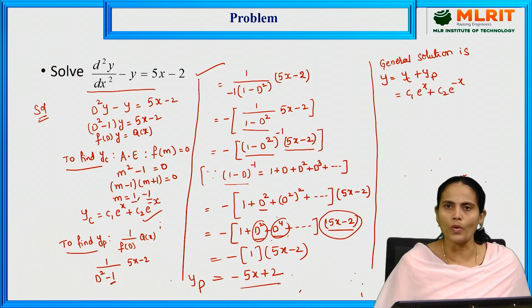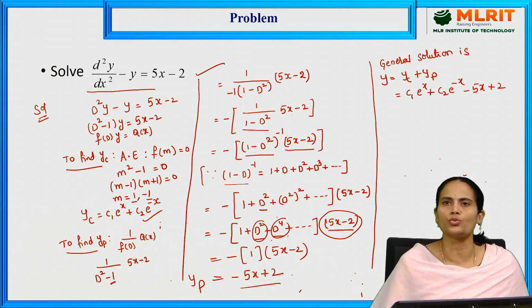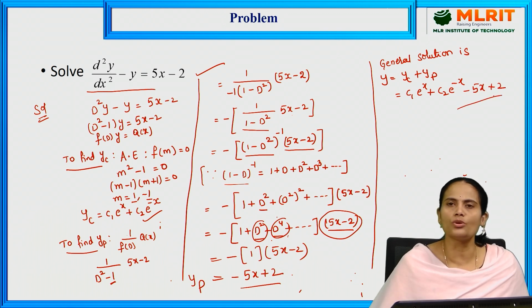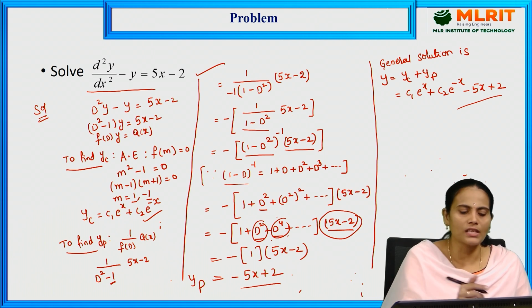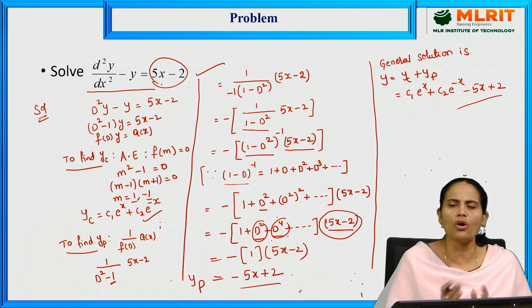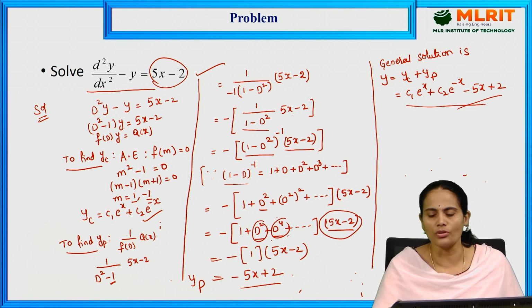Then write the yp. Now the yp is minus 5x plus 2. So this is the general solution of the given differential equation when Q of x is equal to 5x minus 2 or any polynomial. So if it is any polynomial, you have to follow these steps, then finally you will get the general solution.